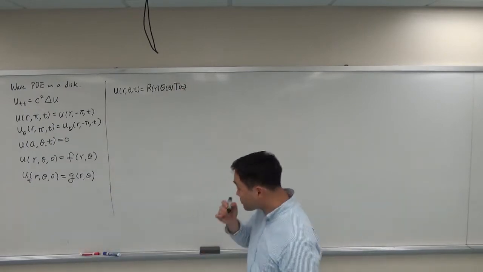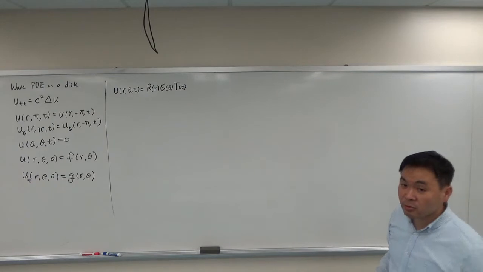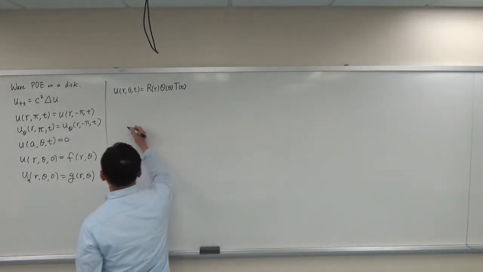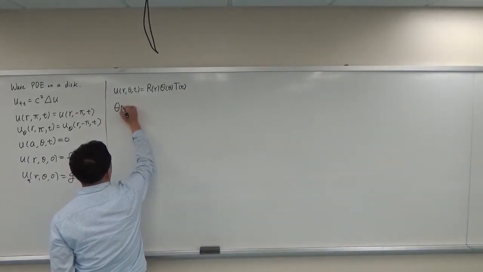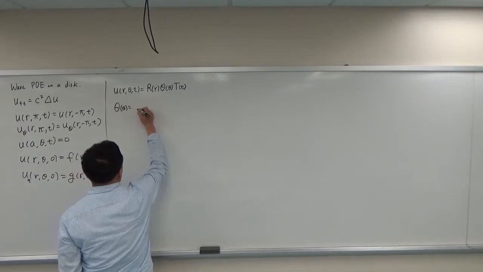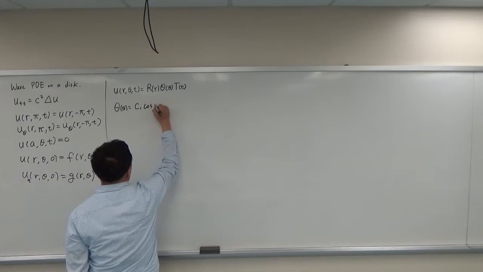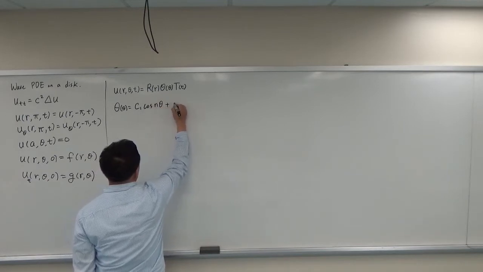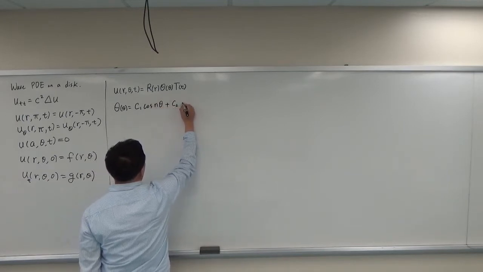And when you apply this to theta, we realize that Theta(theta) should be C1 cosine n theta plus C2 sine n theta.